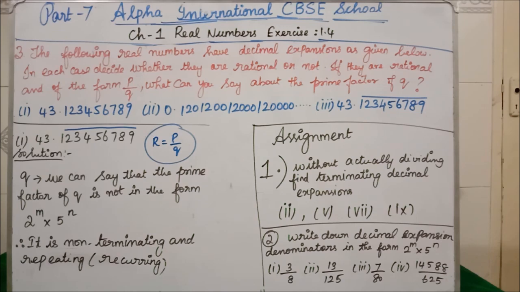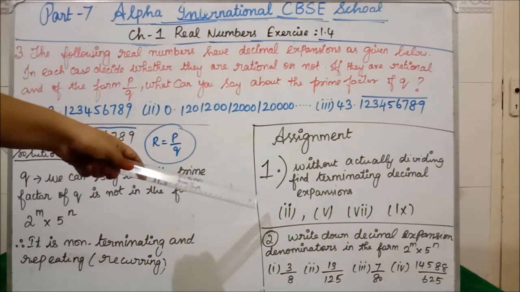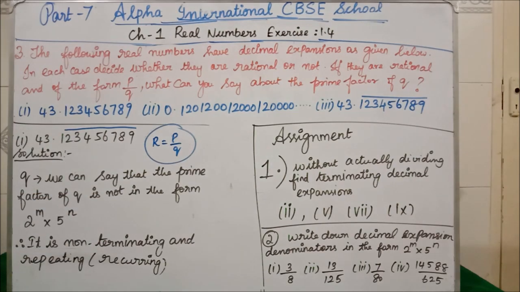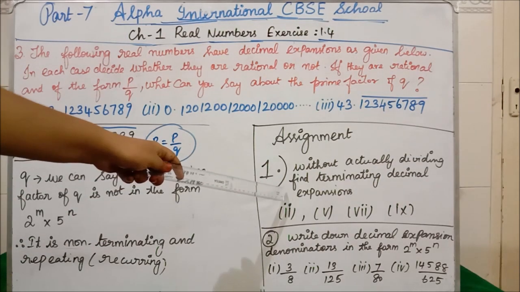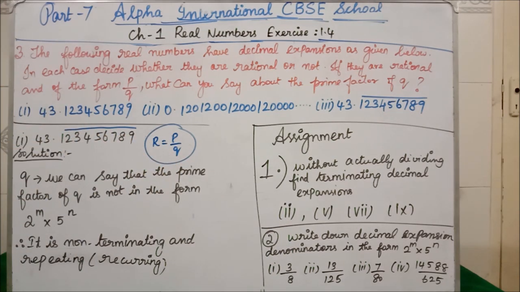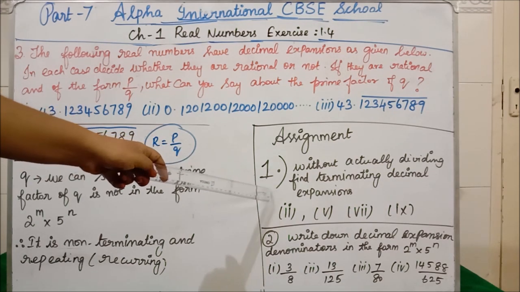Now in part 7, you are having some assignment. Listen to the assignment. Students, in part 7, exercise 1.4, I have written the first sum, isn't it? The same heading you have to follow for this first sum assignment. Because it is very lengthy, you copy that heading for this assignment, first subdivision.